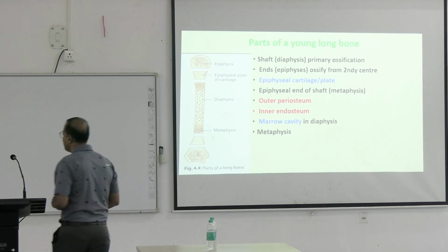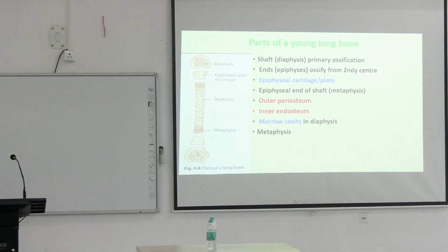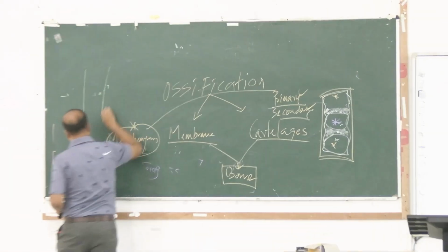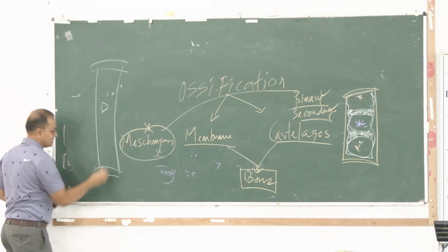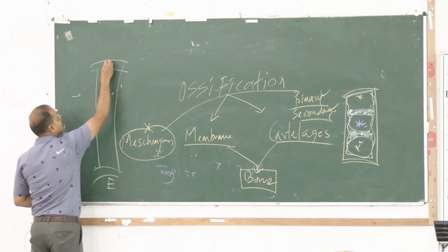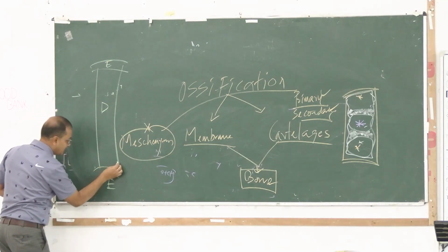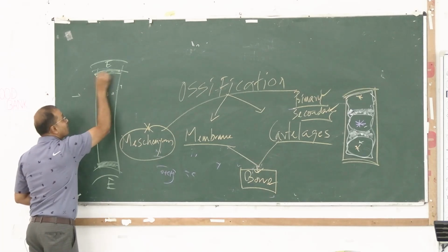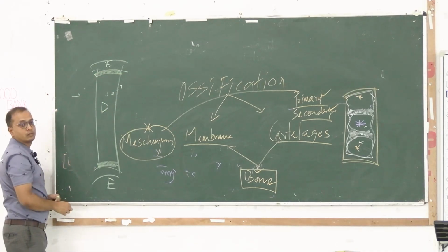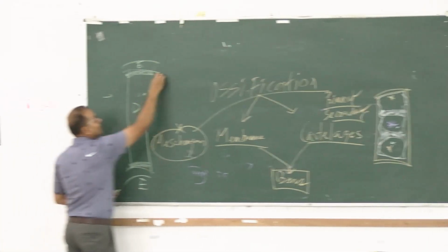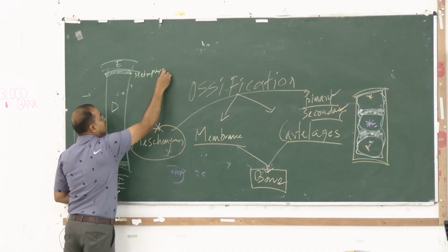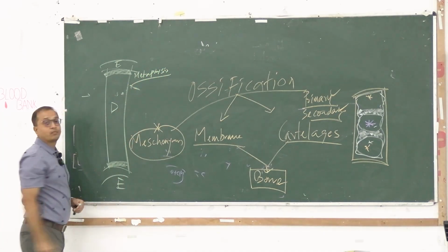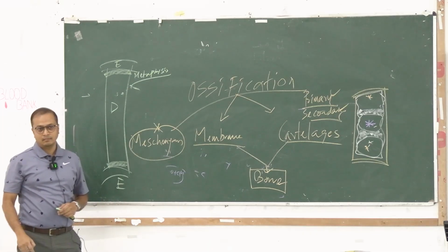So we have three parts in a bone. If we have a long bone like this, the epiphysis, and this end of the diaphysis which is close to the epiphysis, we call the metaphysis.